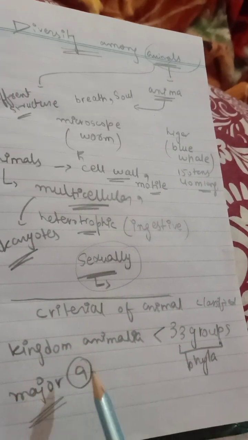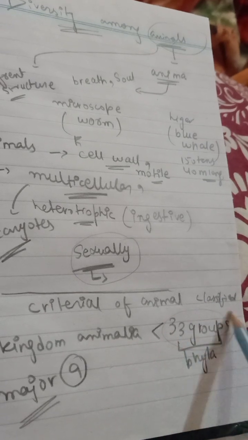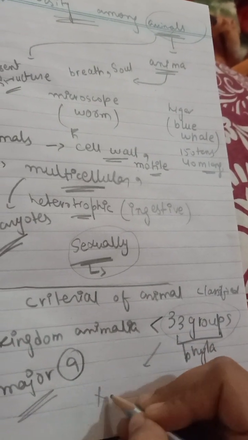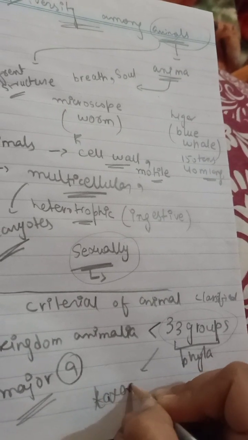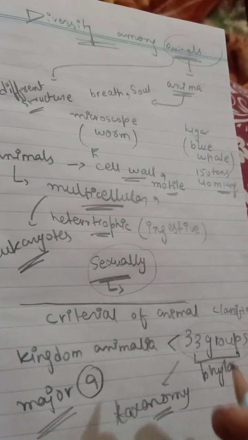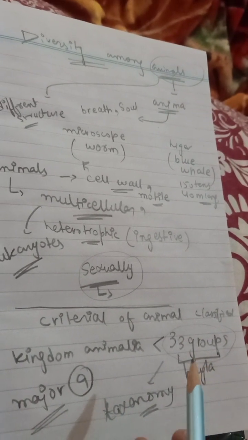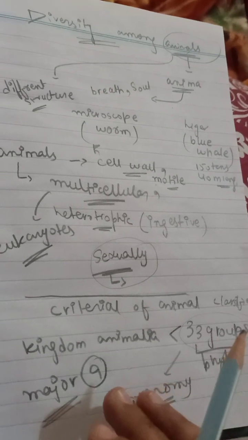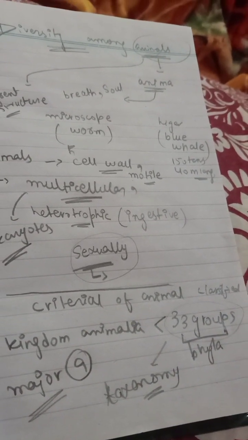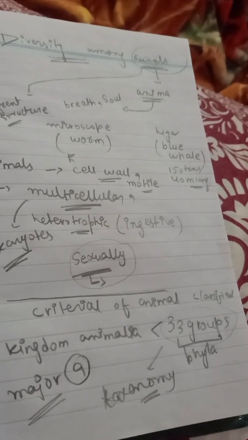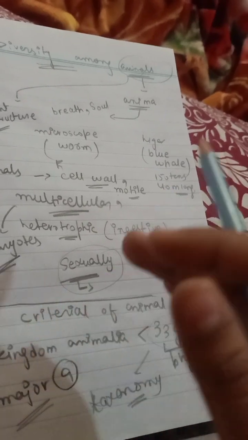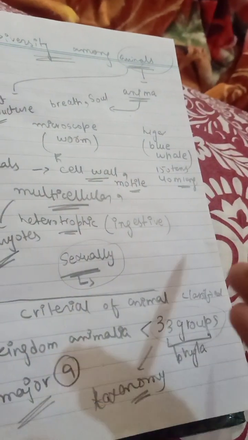The grouping of animals we call taxonomy, which means the arrangement of the species. Different groups have different animals, so we'll be discussing them one by one in detail with the structure too.